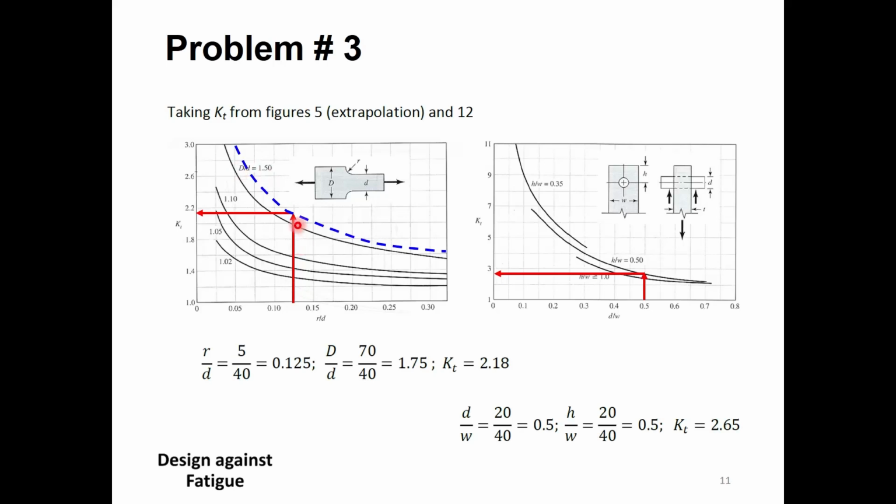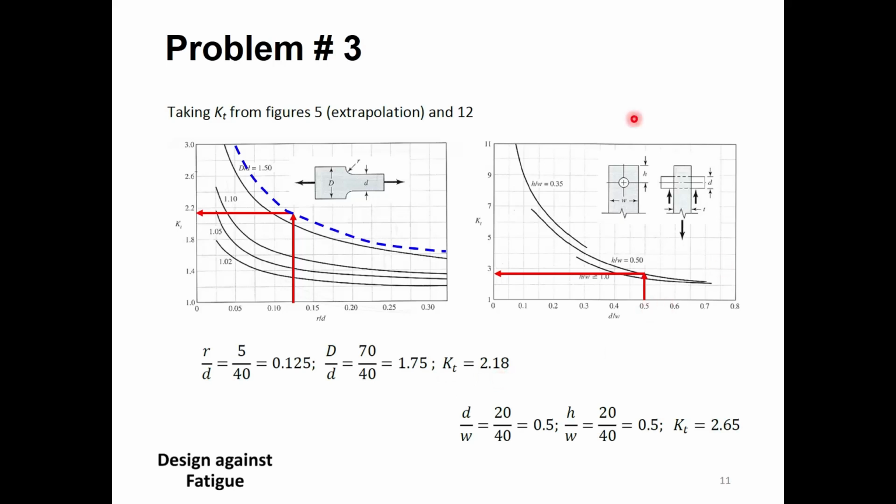So again, this is going to be a little bit approximate, but if we just draw here a curve that is parallel to this curve and just a little bit away from it, with your judgment that this is D over d equal to 1.75, then this gives you a stress concentration factor of 2.18 in this range.